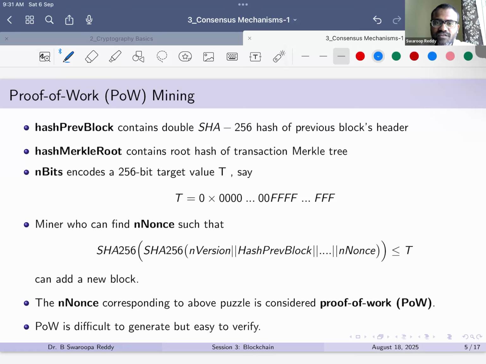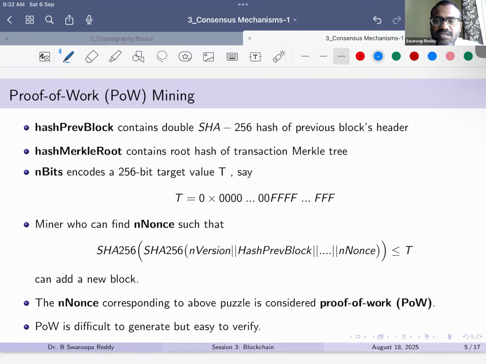The proof of work mining is a mathematical puzzle. Just think of it as a mathematical puzzle. Whoever solves this mathematical puzzle first will add the result of that puzzle into the block and will broadcast the new block. Once that new block is accepted by everyone in the network, then he will get the rewards.